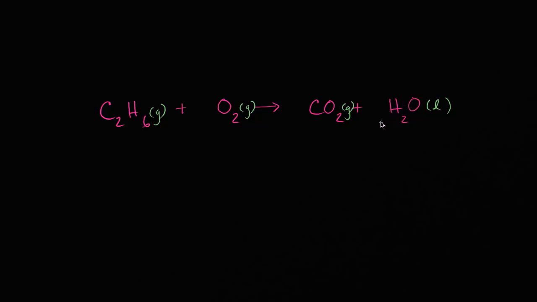But like we did in the example with ethylene, whenever you see this where you have several somewhat complex molecules involved, it's good to save the element that is in a molecule by itself for last. Because you can just tweak this to change the number of oxygens without having any other side effects on the number of carbons or hydrogens.